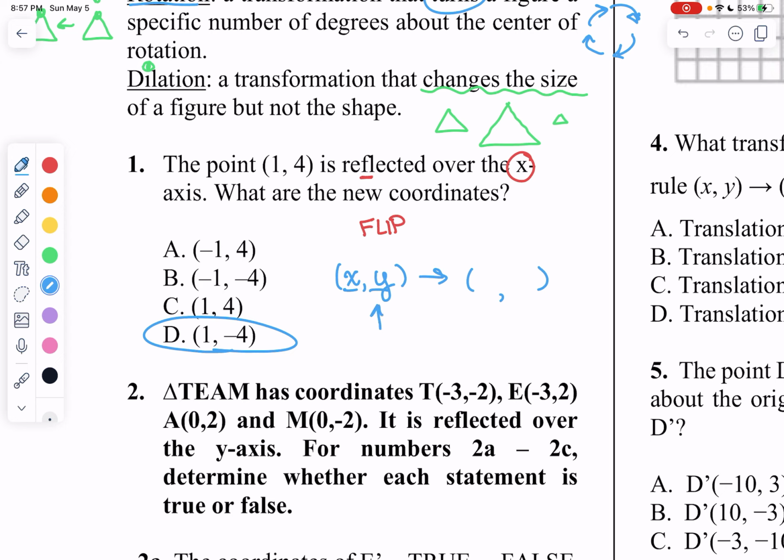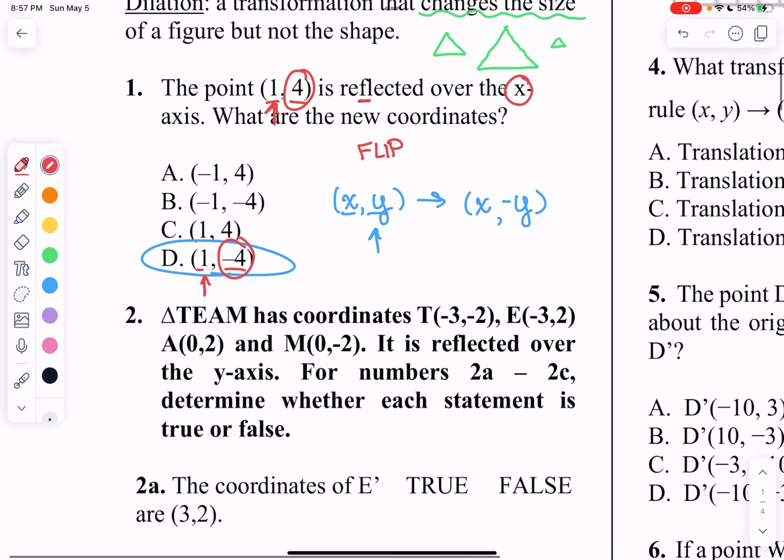So this Y would become the opposite. Well, the x will stay the same, okay? So we can see that here because my point 1, 4 and my new point 1, negative 4, well, the x stayed the same, 1 and 1, and the negative 4 is the opposite of positive 4.